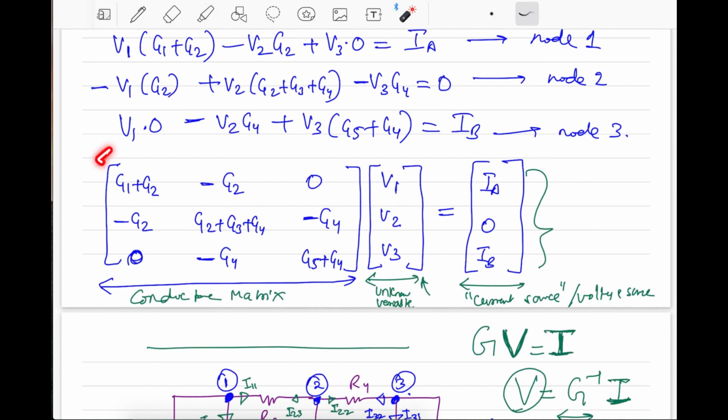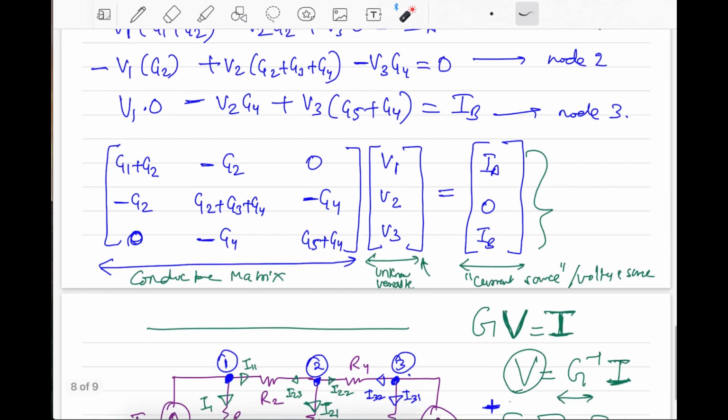So here the first matrix that we have is the conductance matrix, and there is a pattern in this conductance matrix which I told you last time. The pattern is that if you go through the diagonal, you will observe that the diagonal contains the sum of the resistances which are connected to a specific node.